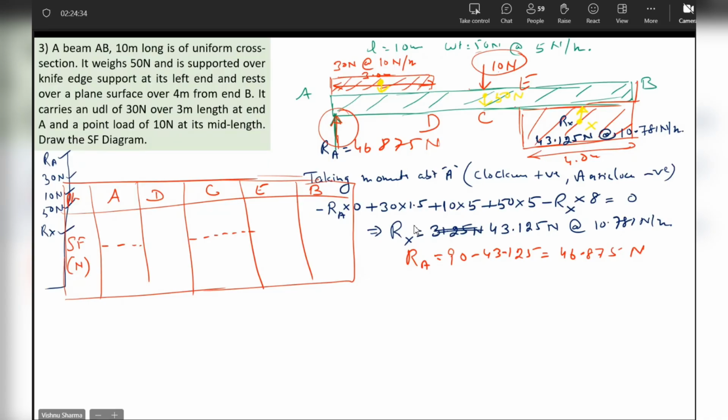Okay. Now, what will be the shearing force in the upper cell at A? Cover up to A and tell me. 0. Then what is the change from left to right of A?